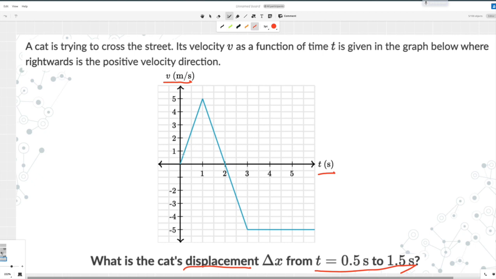0.5 to 1.5 seconds. So we have to identify where 0.5 is. 0.5 is just over here, and 1.5 is right over here. So we have to find the area underneath the curve from 0.5 to 1.5.